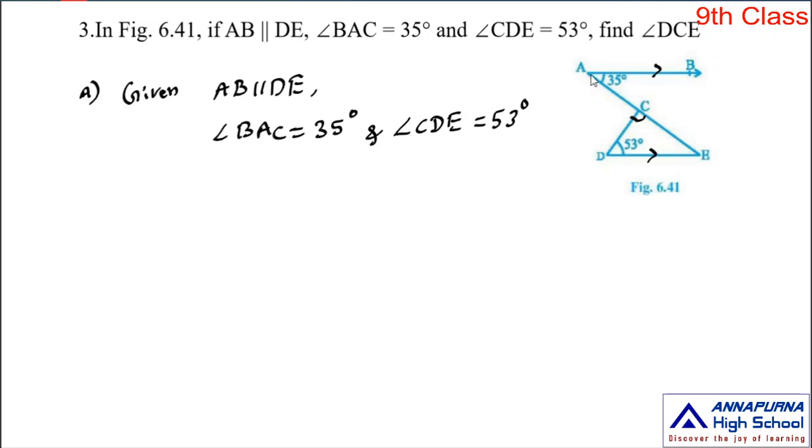See the figure. AB is parallel to DE and AE is the transversal. So angle BAE and angle CED are alternate interior angles and equal.